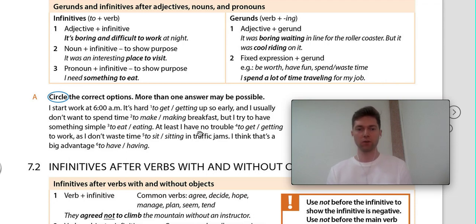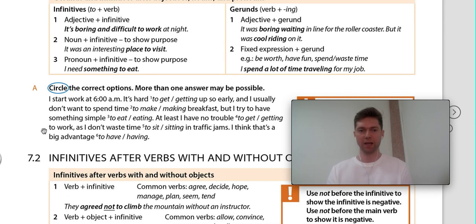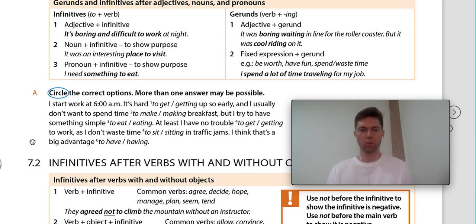Okay, now I will give you the answers for exercise A. It's hard to get or getting up so early. So we know that hard is an adjective, right? Hard is an adjective. And after an adjective, we can use both to get and getting up. Okay, so both answers are correct. Next, spend time to make or making breakfast.